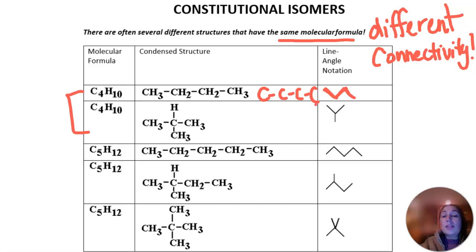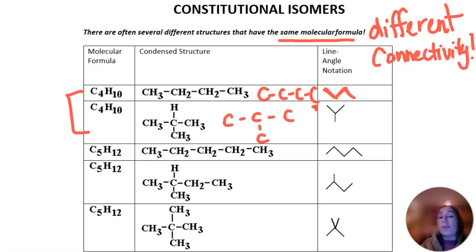But let's say that you tried to take a carbon off the end of the chain and instead you made it as a branch coming off of the middle carbon. That's a new molecule that's going to have, for example, a lower boiling point because of that branch in the chain. It's going to have different properties. And so that would be a constitutional isomer.